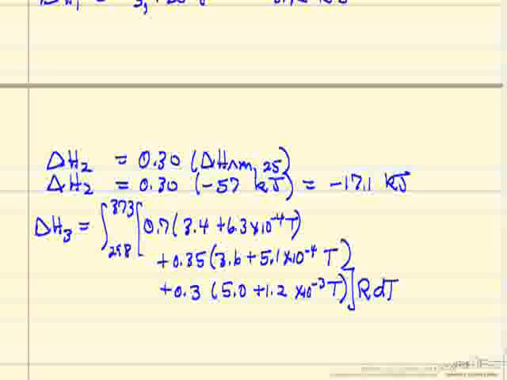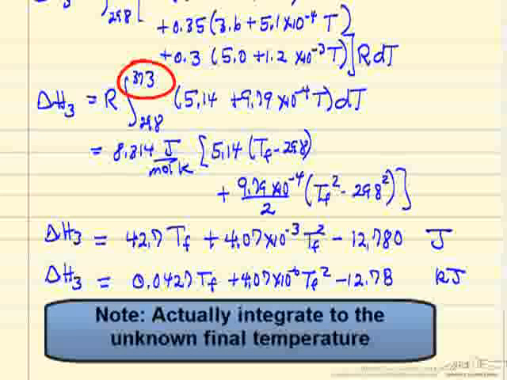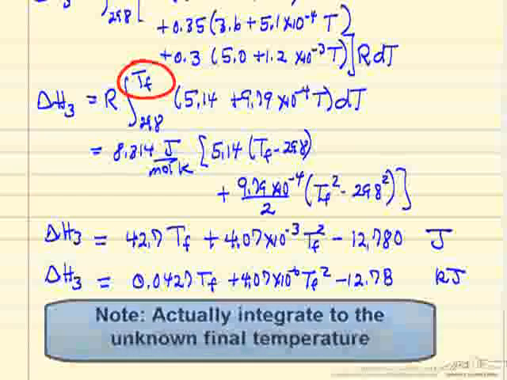Now we're integrating from 298 up, so this is going to be a positive term. Heat capacity of NO, 7/10 of a mole; heat capacity of oxygen, 0.35 moles; and then 0.3 of a mole of NO2 and its heat capacity. The only difference when doing this integration is that it's not to 373 like previously, but to our final temperature, and we don't know the final temperature.